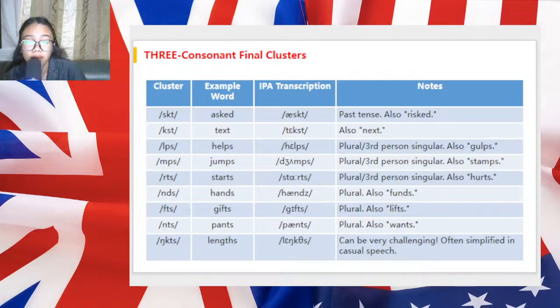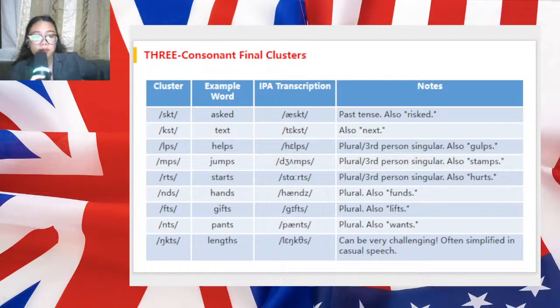Moving on, we have the LPS cluster. This is a classic example of a plural or third person singular verb ending. It's the L sound followed by P and then the unvoiced S, as in helps.